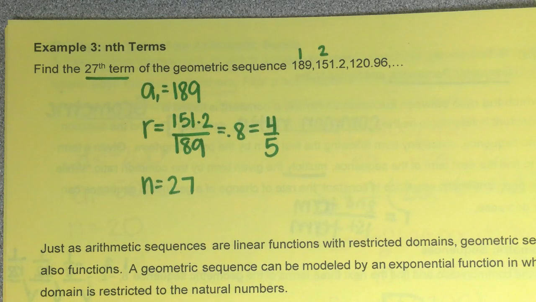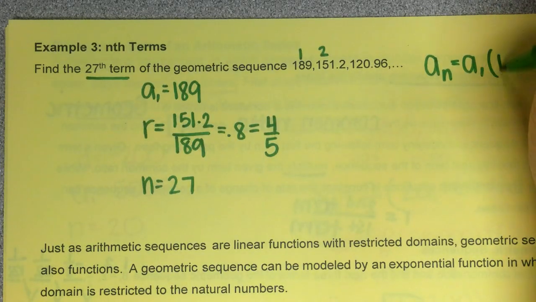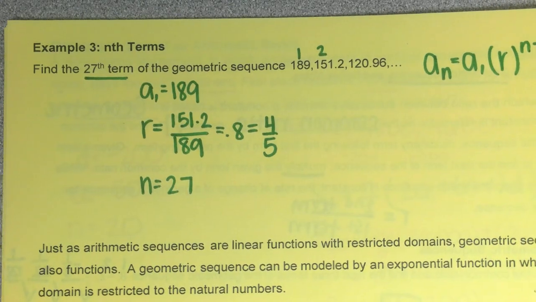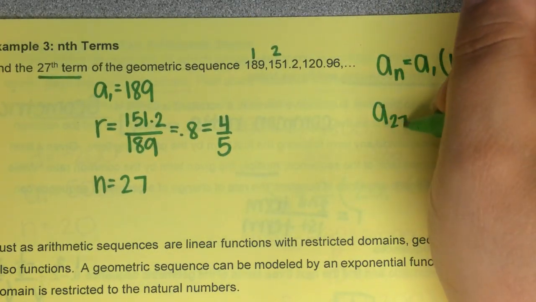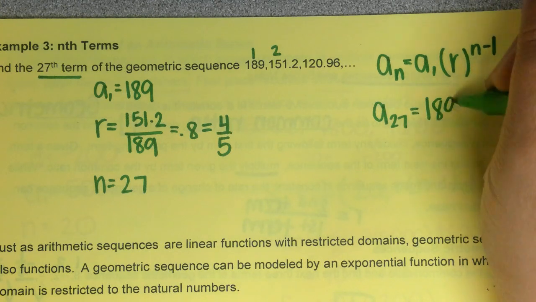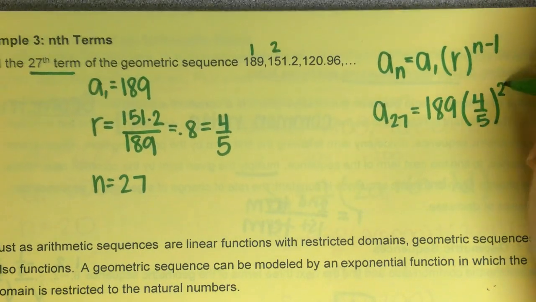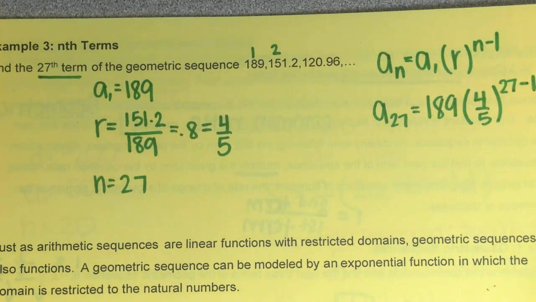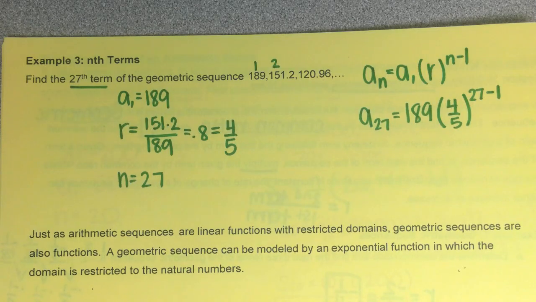That make sense? I'm going to plug into my explicit formula everything I know. So I want to find A of 27. I know A of 1 is 189. R is 4/5. And to the 27 minus 1. Now, on your quiz and test, am I going to make you do 4/5 to the 26th power?